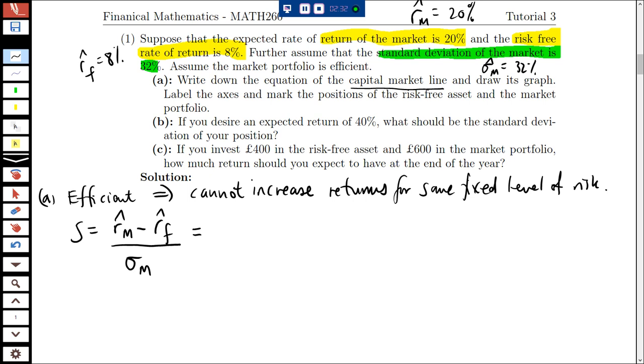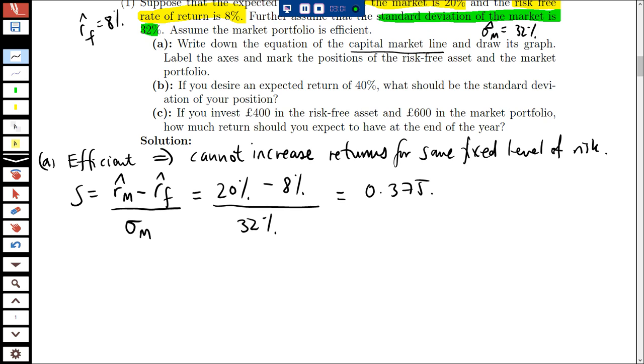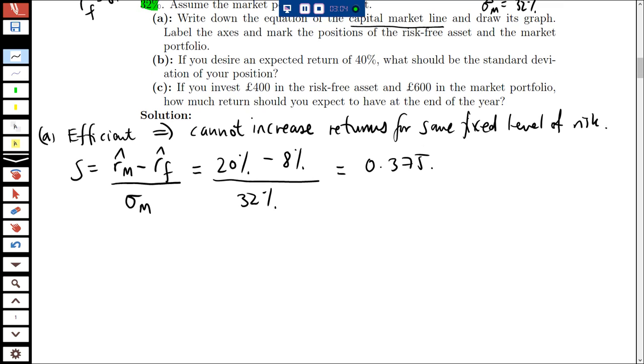Okay, so we drop these in. The market rate we know is 20. The risk-free is 8. So we get 12 premium on the risk-free rate. Standard deviation is 32%. So Sharpe's ratio is 0.375. This is the gradient of the capital market line.